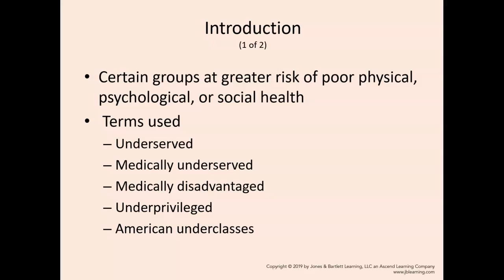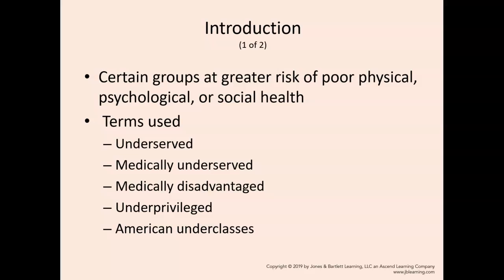Introduction. Certain population groups in the United States face greater challenges than the general population in accessing timely and needed healthcare services. This can be related to so many things: socioeconomic status, where you live, whether it's rural versus suburban. There's so many.